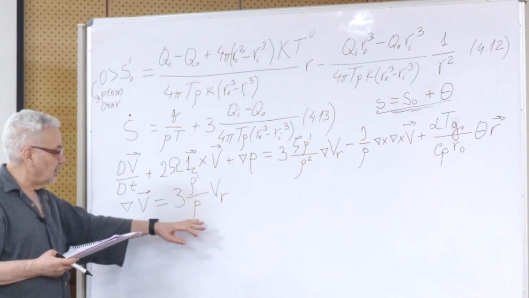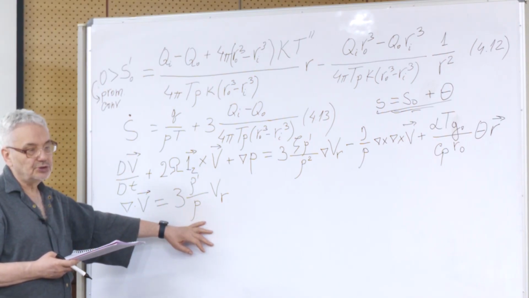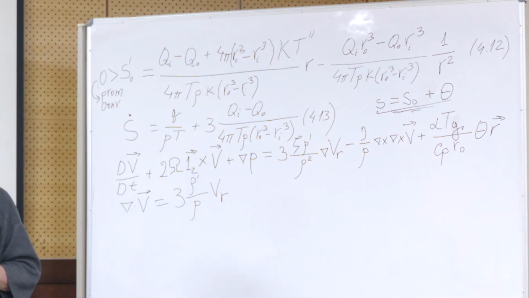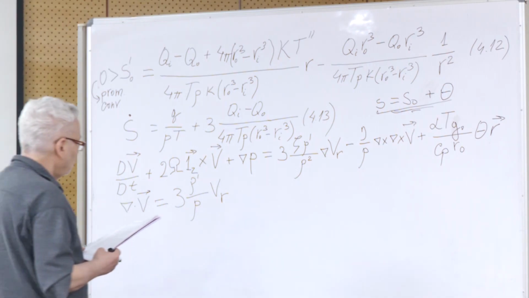Of course, it again has not so big a contribution in the terrestrial planets, but it could be quite sufficient, and maybe even the major contribution, in planets like Jupiter and Saturn.